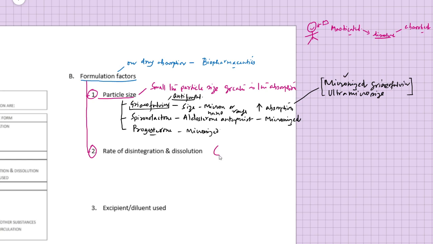So we said if we got a tablet, it undergoes disintegration, deaggregation, and then it undergoes dissolution. Then it is absorbed. So if disintegration becomes faster, dissolution would become faster, absorption would become faster.